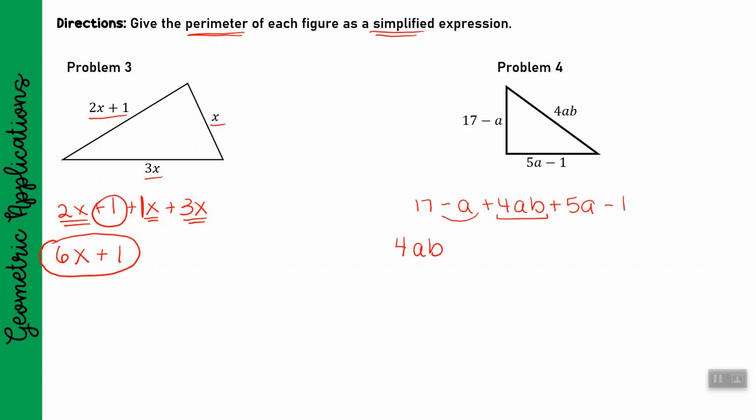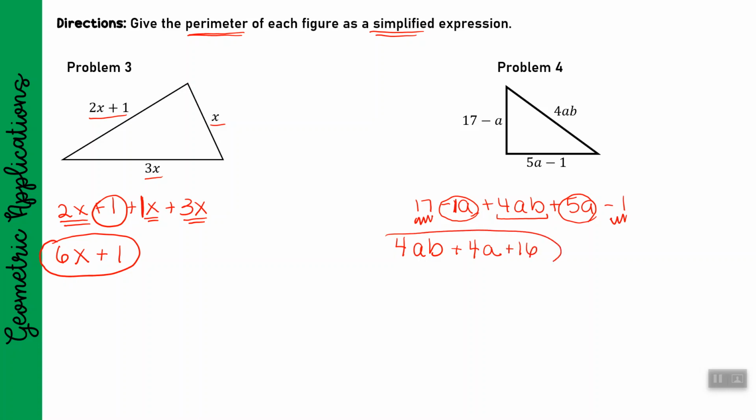Now I have a negative a, remember that's really a negative 1a, and a positive 5, so a negative 1 and a positive 5, so I get positive 4a. And then now I have positive 17 and negative 1. I'm going to combine those. I'm going to get 16.